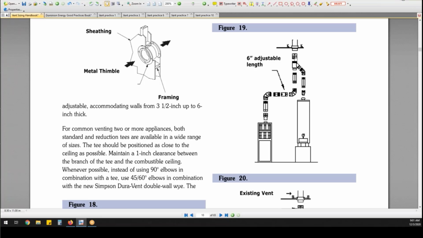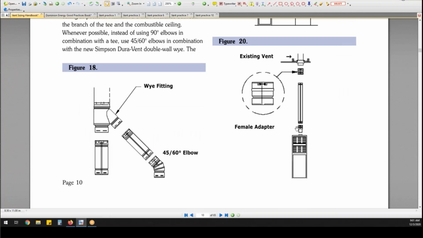It'll probably help clarify it once we get into two appliances. But my main stack comes down and there's a T. So now everything from here to this appliance is considered connector, and everything from here to this appliance is considered connector.